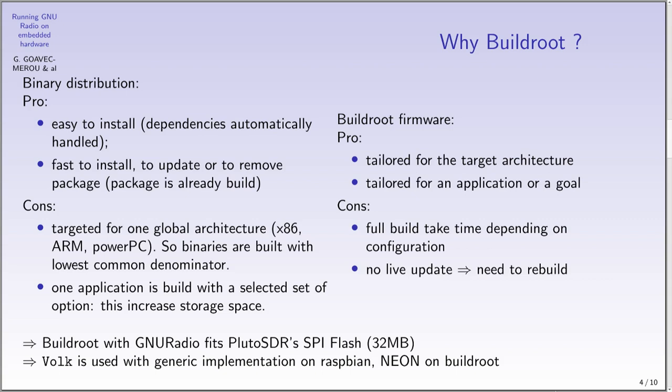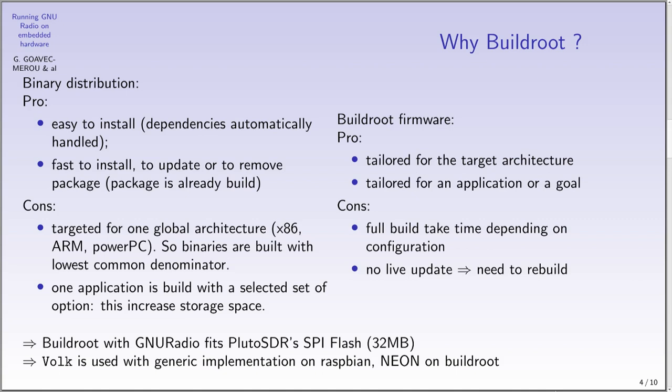But it's not targeted for a specific CPU or specific version of an architecture. It's targeted on global processors, for example, all ARM, or all PowerPC or all RISC-V. So it's not possible to take advantage of a specific instruction for the latest generation of Intel processor, for example.